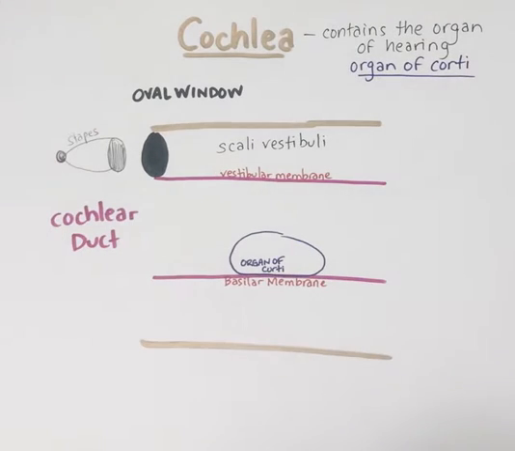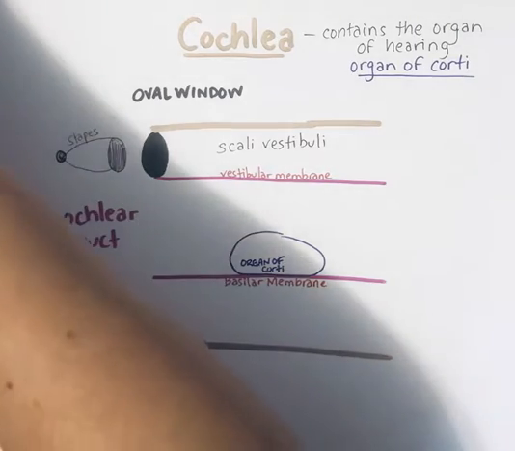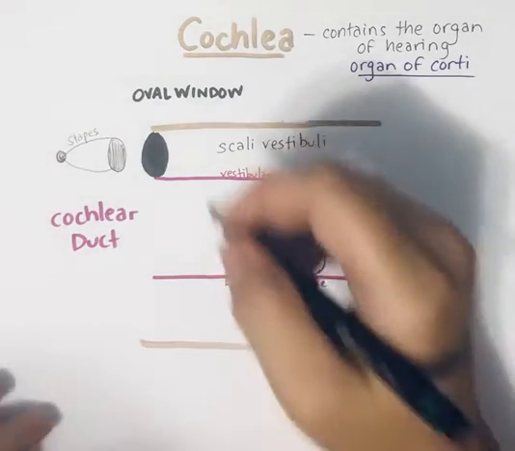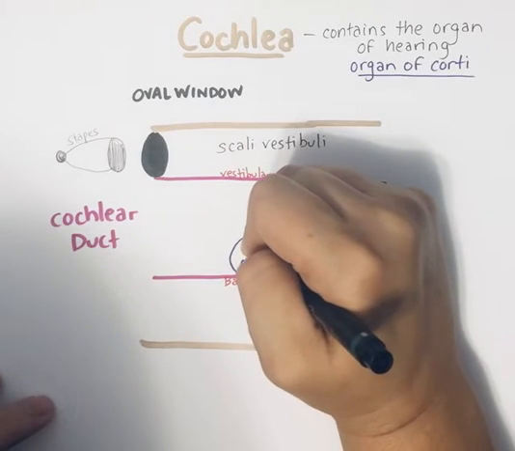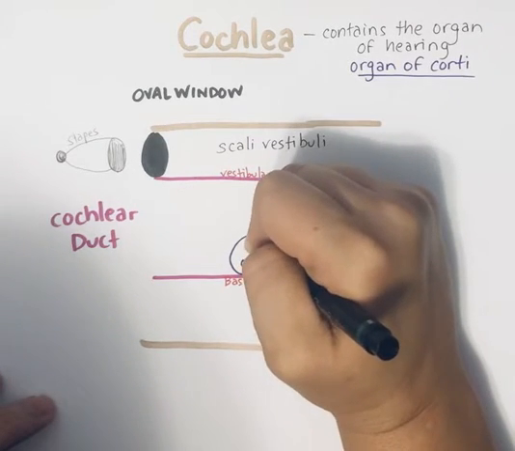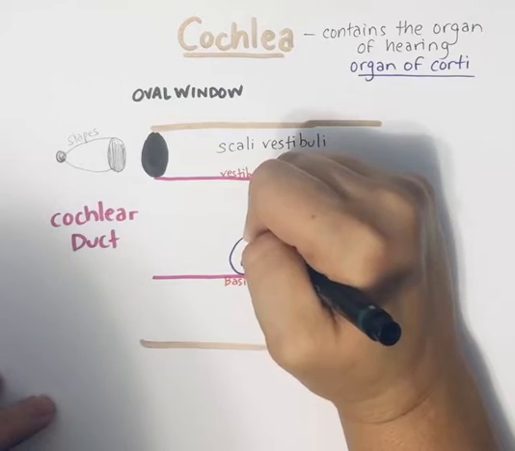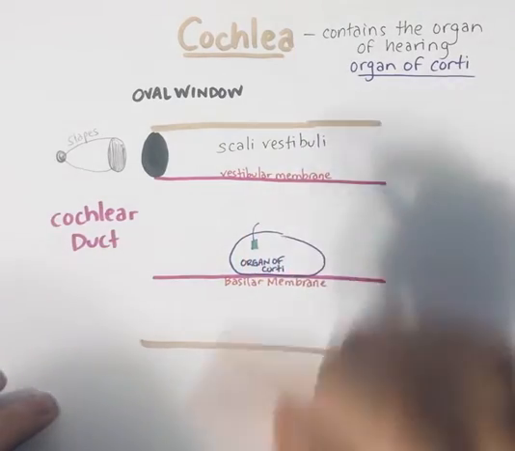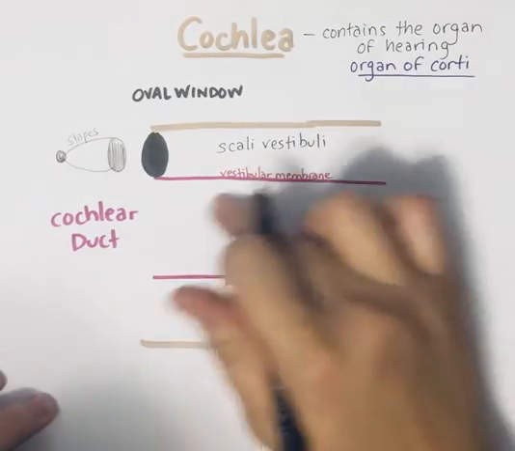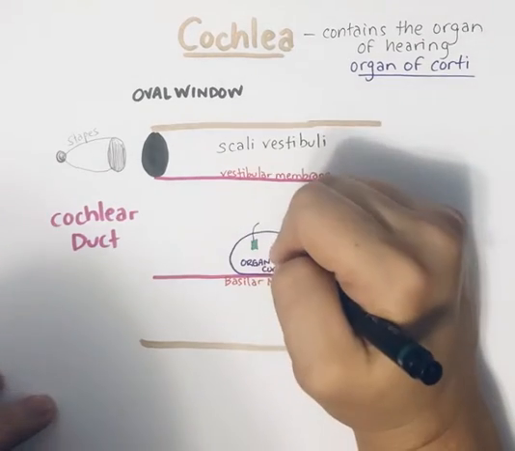Now, coming out of your organ of Corti are little hairs or cilia, which are known as stereocilia. They're little microvilli that come off the hair. So we're going to use green. Inside of your organ of Corti are little hair cells, and these hair cells have little microvilli that are floating around in the endolymph.